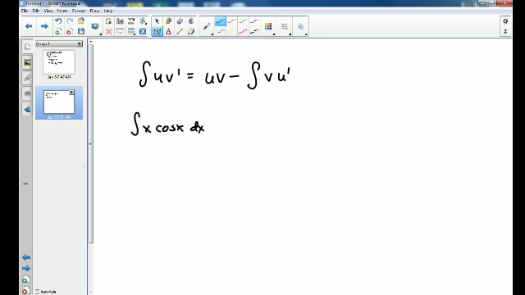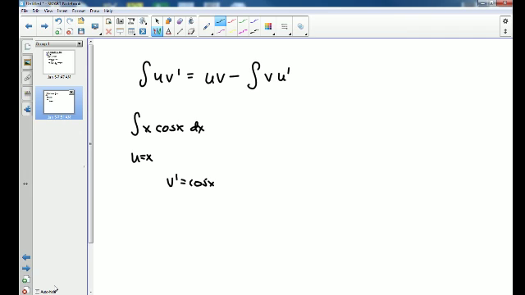So we have a u and some v prime. You have to pick those. Now you could go either way, but I'm going to give you some ways to figure out how to choose these. I would pick u equal to x and v prime is cosine x.